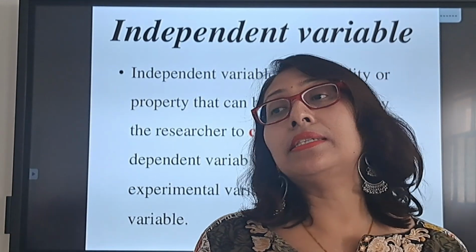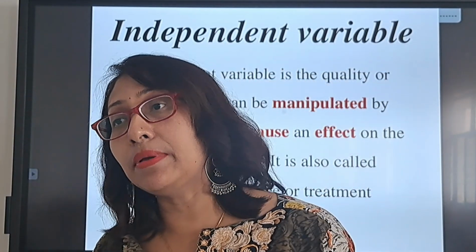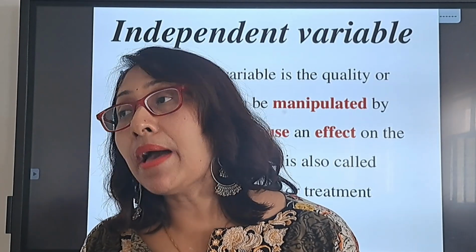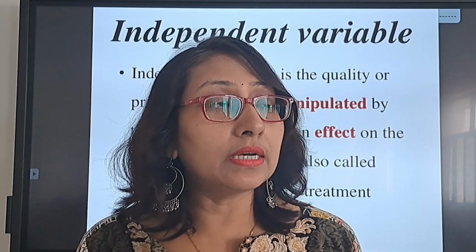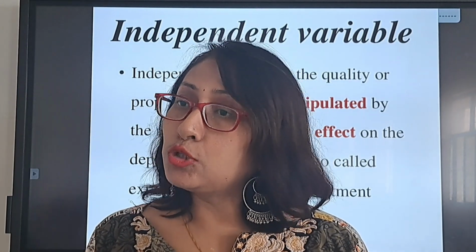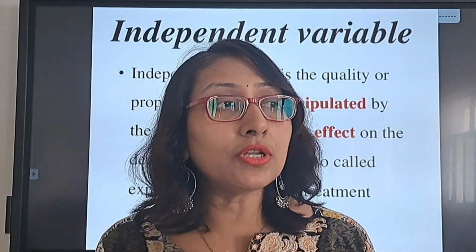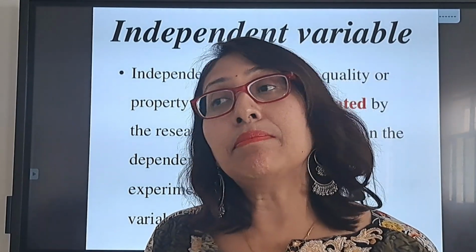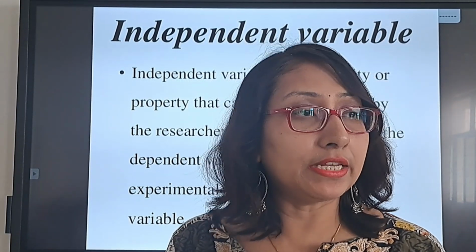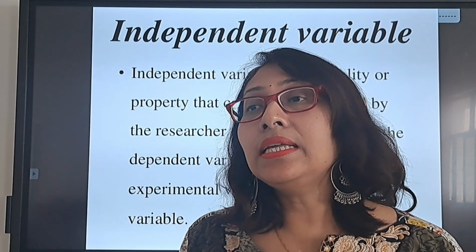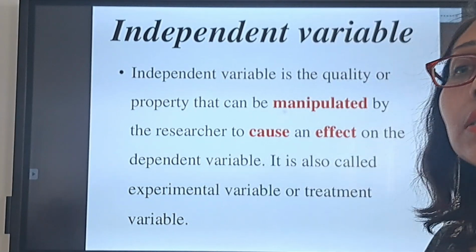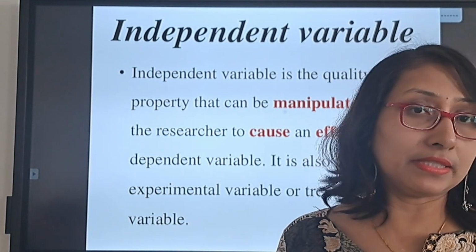So treatment is nothing but the independent variable, which has the greatest impact on the dependent variable. Based on the manipulation or change in the independent variable, we can see its impact on the dependent variable. That is why independent variables are also called research variables or treatment variables. Clear?